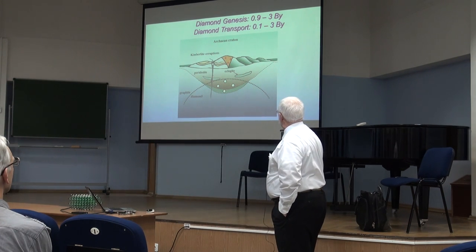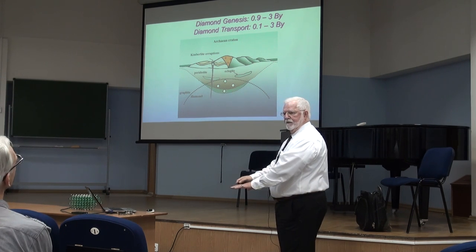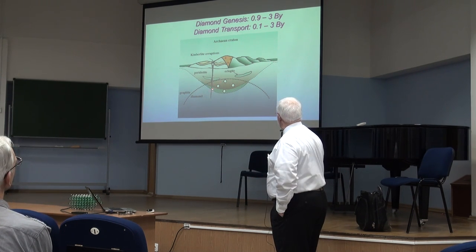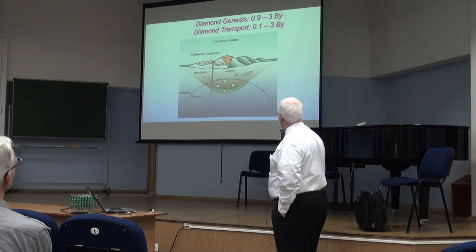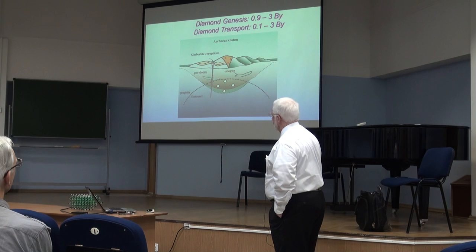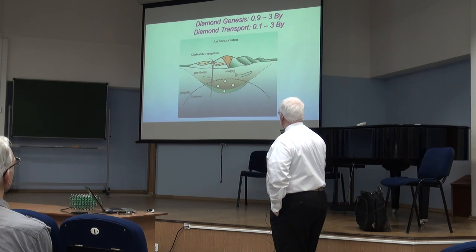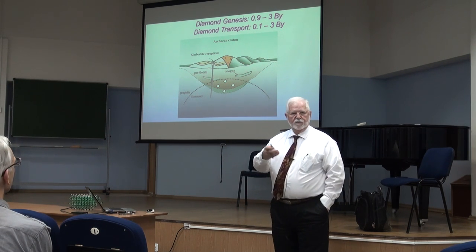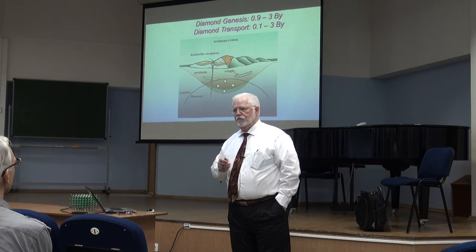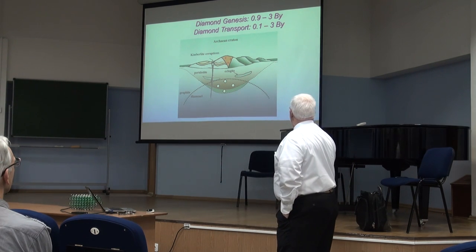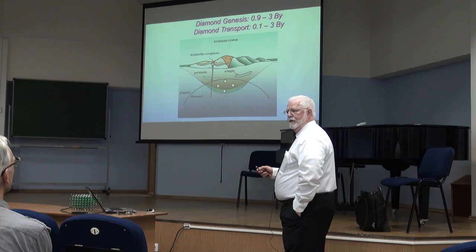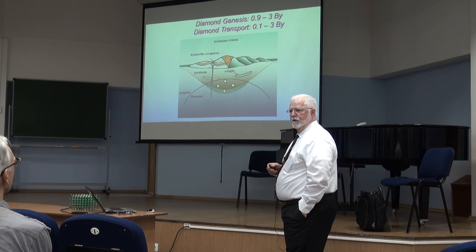Under very old continents, we have deep continental roots which push down into the mantle, into the region where diamonds are growing. This is where the pressure is high enough for diamond to grow and the temperature is high enough. We now know that most natural diamonds that you mine from the ground, that you find in a jewelry store, were grown 1 to 3+ billion years ago.